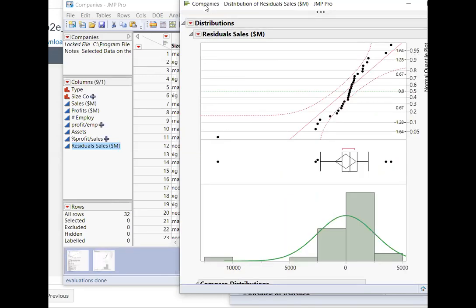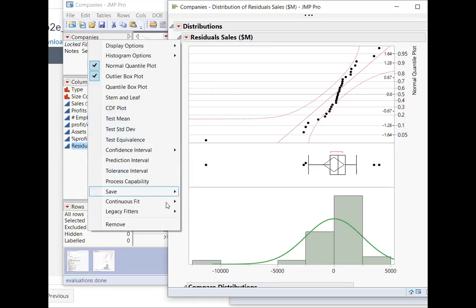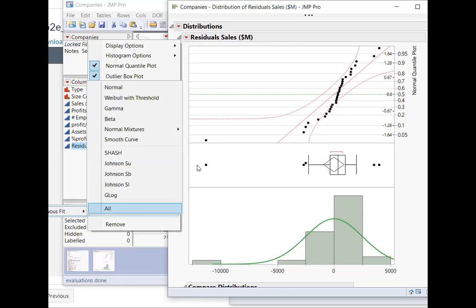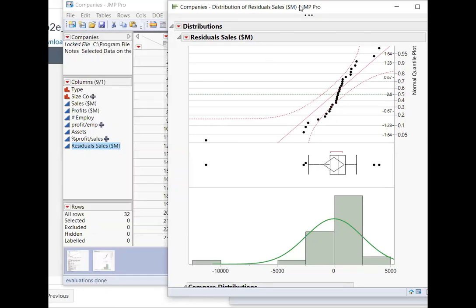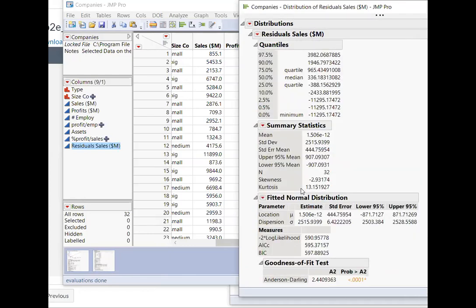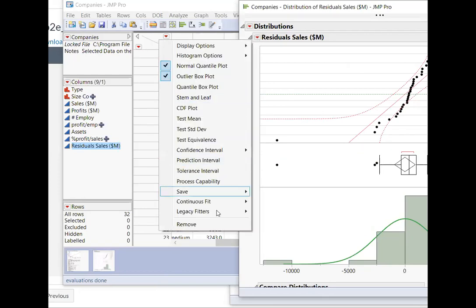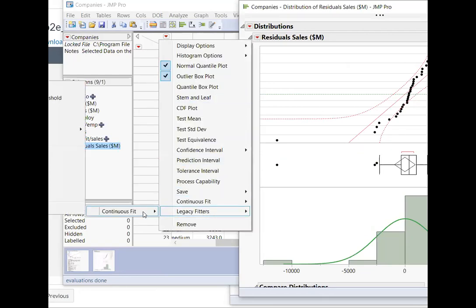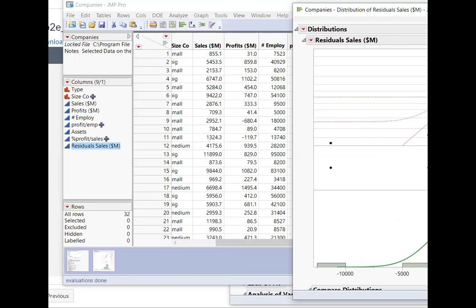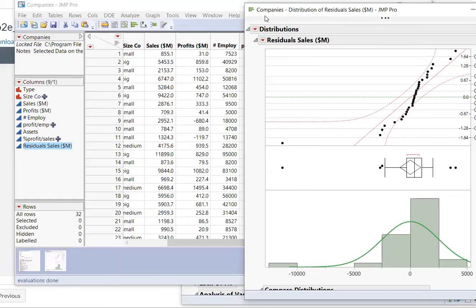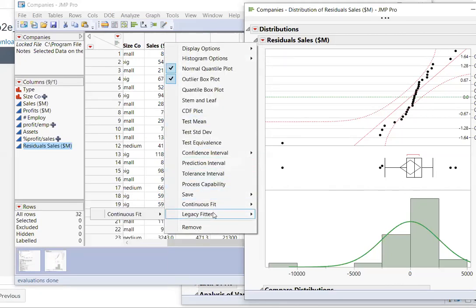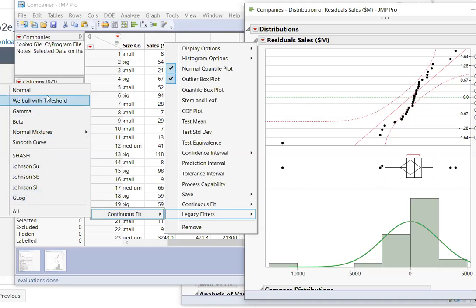Let me check this one more time. If you go down here on residuals one more time, legacy fitters, continuous fit, you can see normal here.